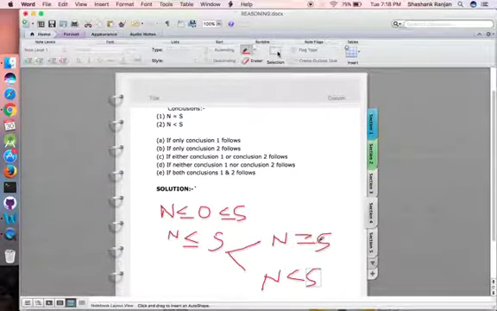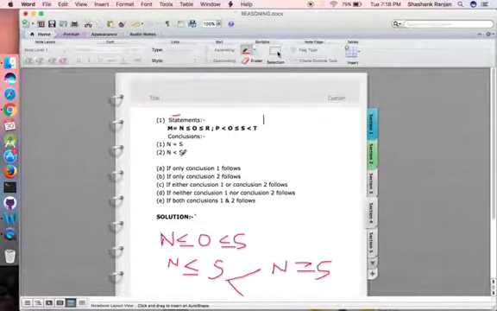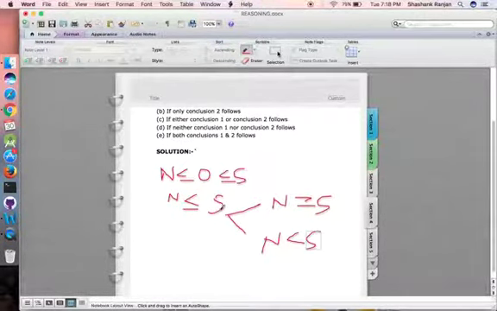So the same conclusion we got, that we can move from n to s or s to n. In the second conclusion, we have to move from s to n. S is on the entry point and this is the exit point, so we can move from s to n.